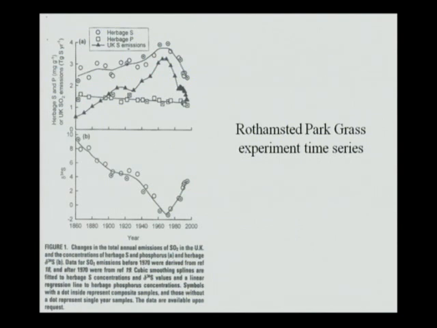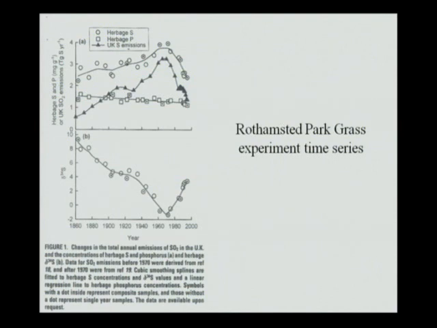So there is a record of sulfur emissions calculated from coal combustion for this period. It goes up, a maximum at about 1970, and then goes down because of new regulations.